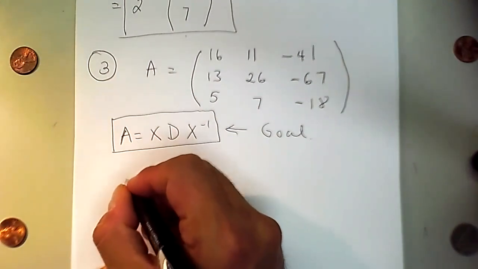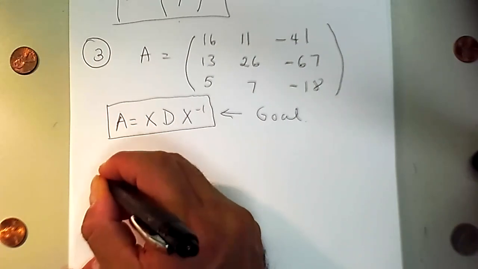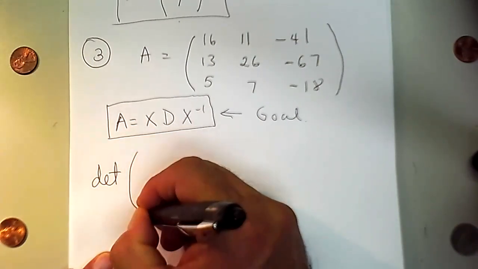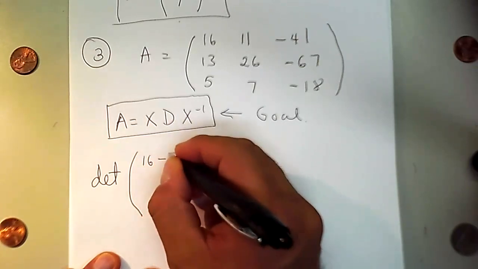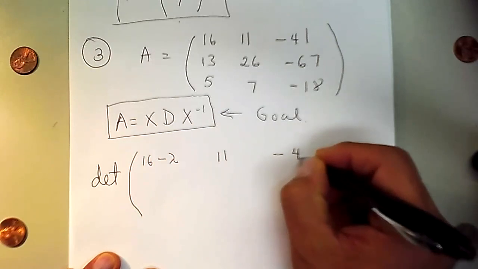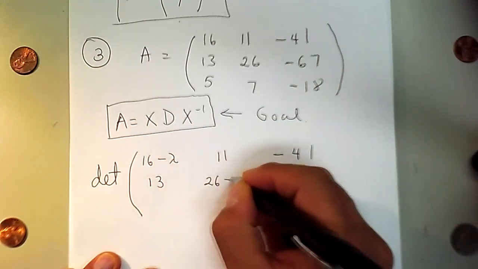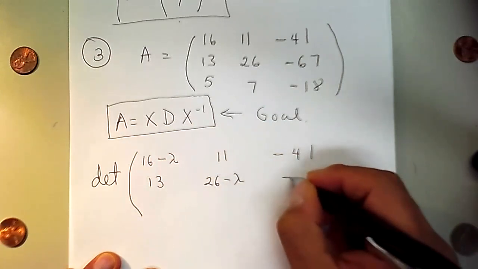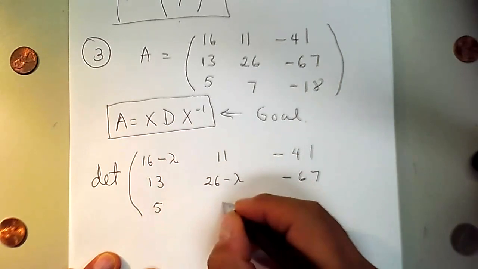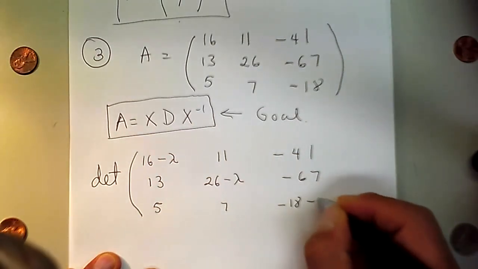So we have to find the determinant of the matrix 16 minus lambda, 11, negative 41, 13, 26 minus lambda, negative 67, 5, 7, negative 18 minus lambda.